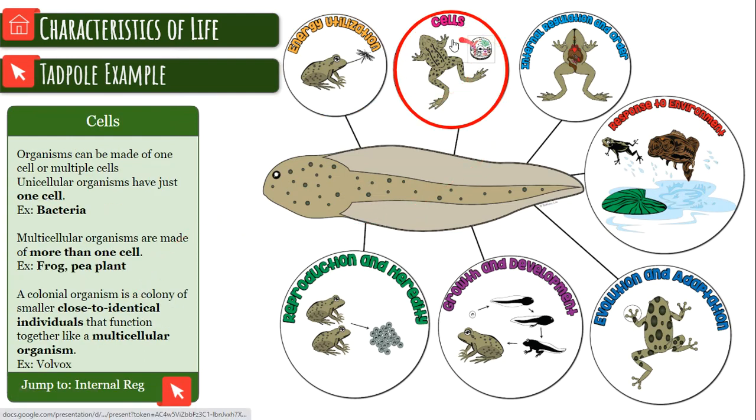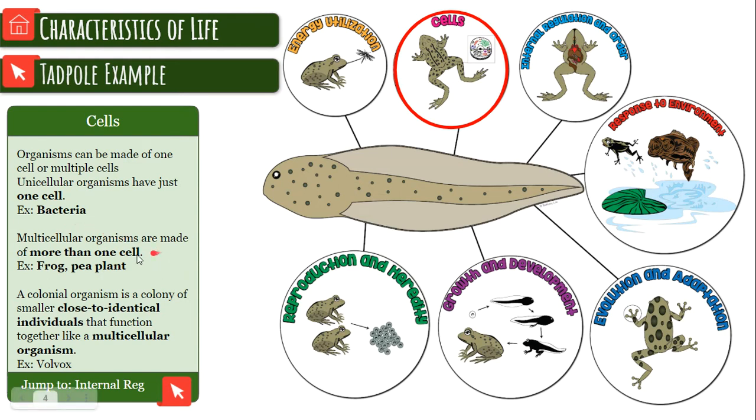The second characteristic is that all organisms are made of cells. So this is kind of the top right of our page. Organisms can be made of just one cell, or they can be made of multiple cells. Unicellular organisms are organisms that have just one cell, and the standard example is bacteria.